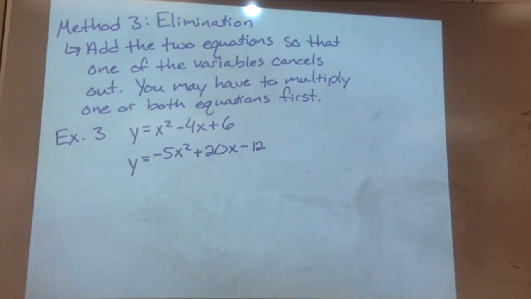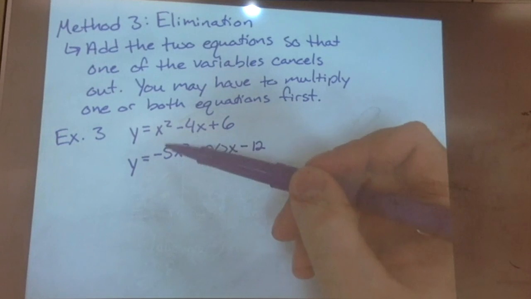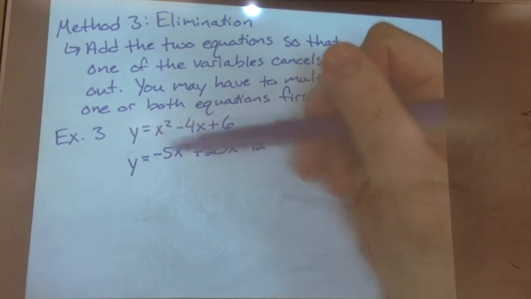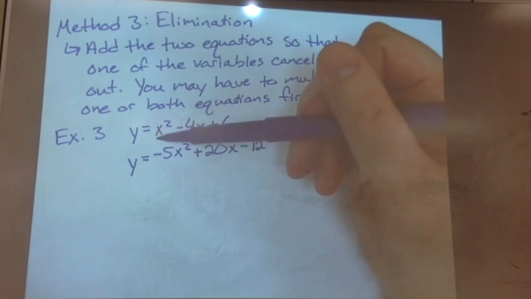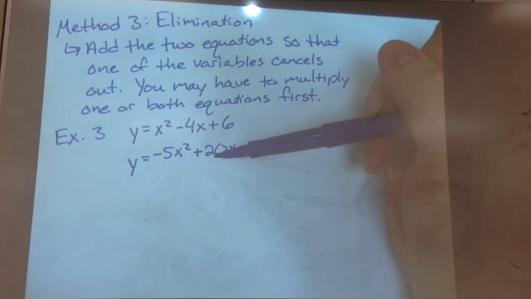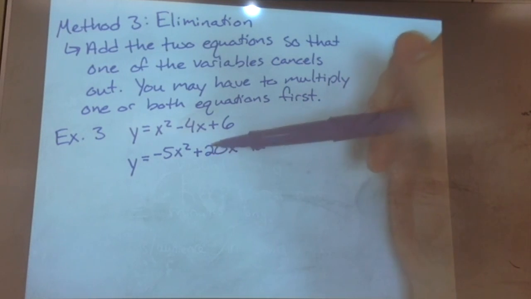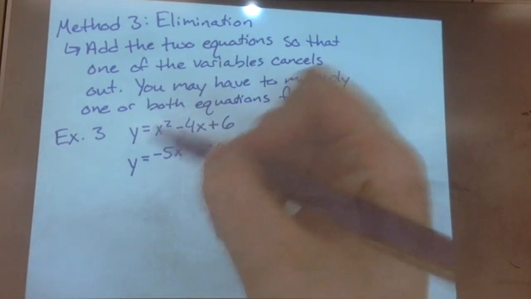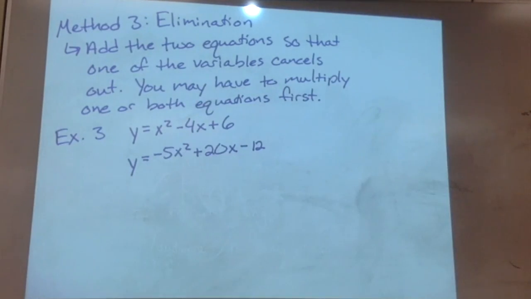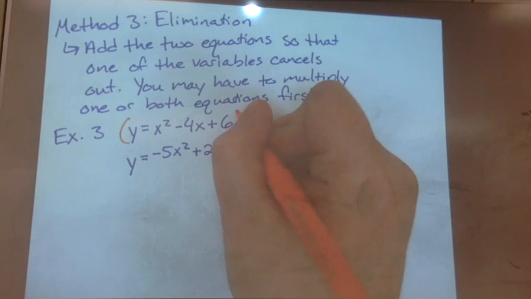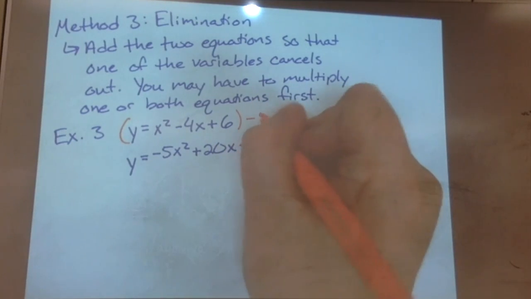But on this one, I notice that my x's are multiples. So I have an x squared, and then I have a negative 5, so 1 and negative 5, and then here I have a negative 4 and a 20. So I can also multiply, you could do the negative 1 to either one, but I could multiply this whole top equation by a negative 5.